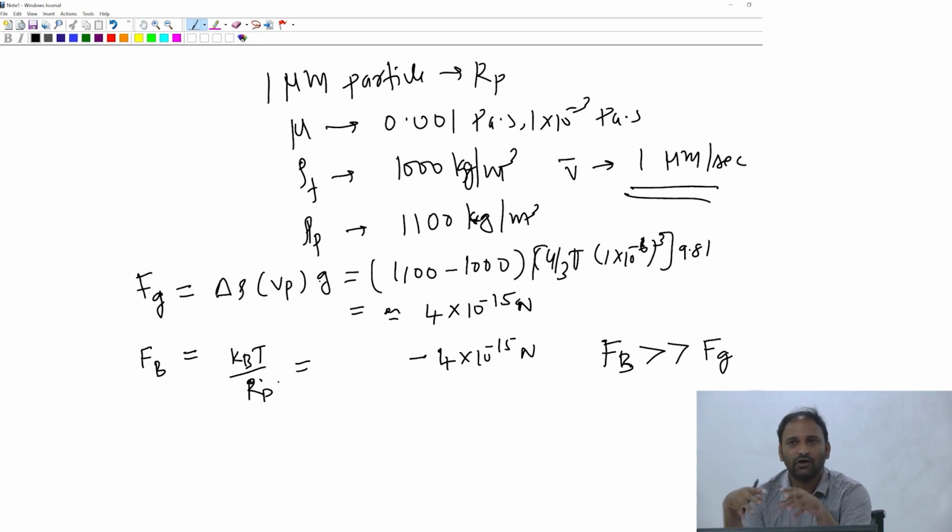Therefore, if you go for finer and finer particle sizes, your Brownian force overweighs the gravitational force. That is one nice way of imparting stability to the particle dispersion that you are working with.